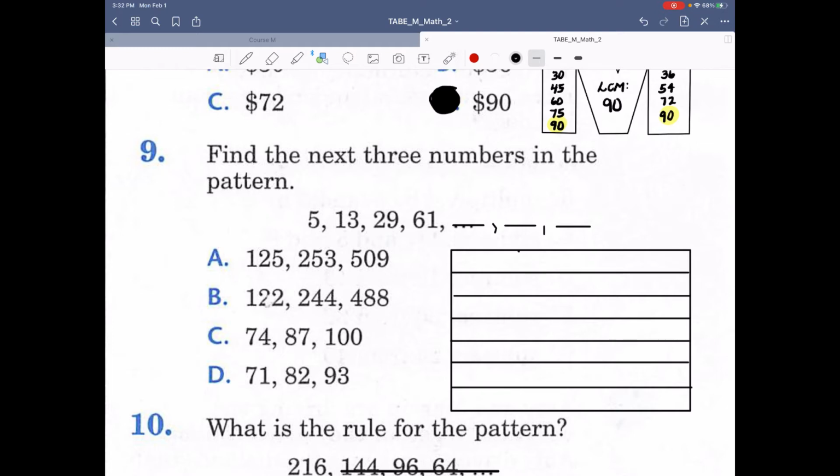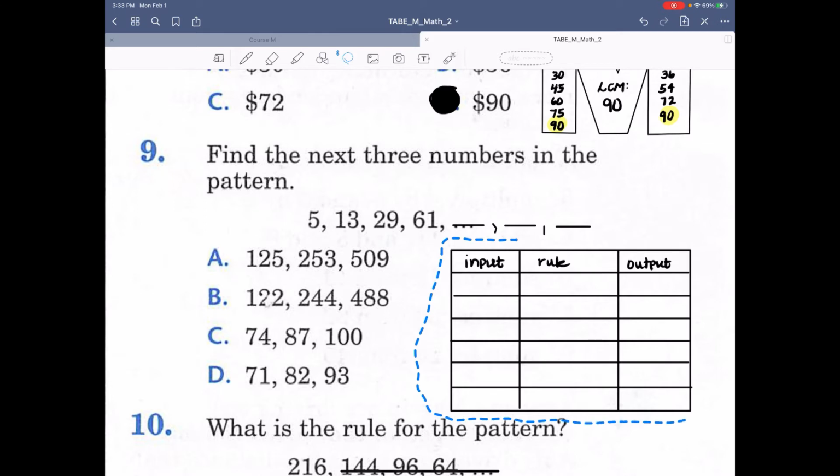So make columns. This is not a story problem, so input, output will work just fine. Input, rule, and I think I'm 1 short. That's okay. I think I can just shrink my table a little bit.